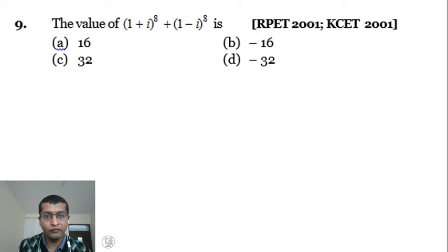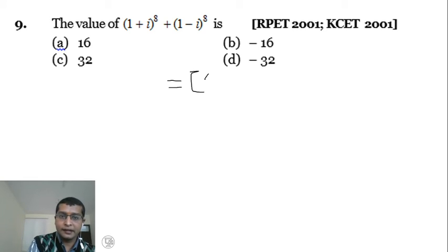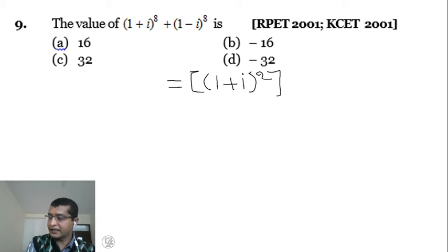Next, the value of (1 plus i) raised to 8 plus (1 minus i) raised to 8 is. So for this, one simple technique is there. We write 1 plus i as a square of this, raised to 4, since 2 fours are 8.